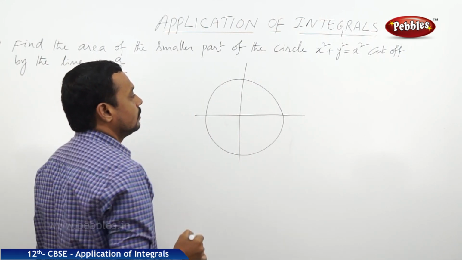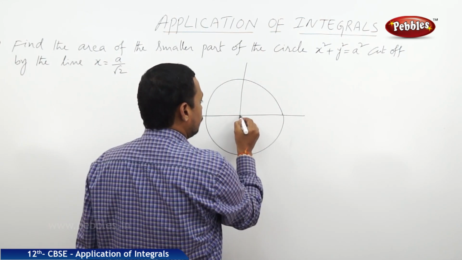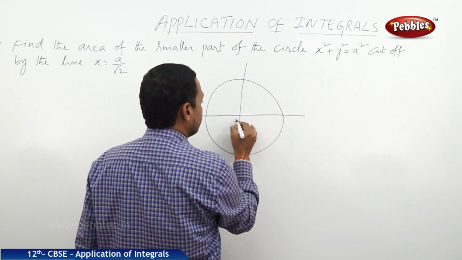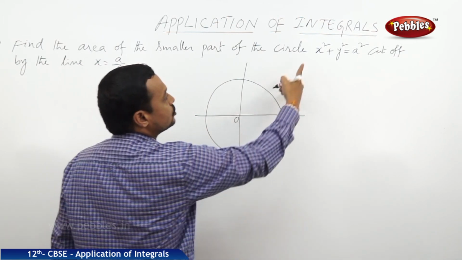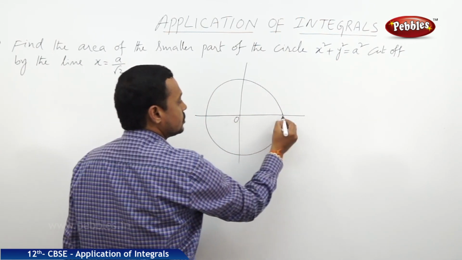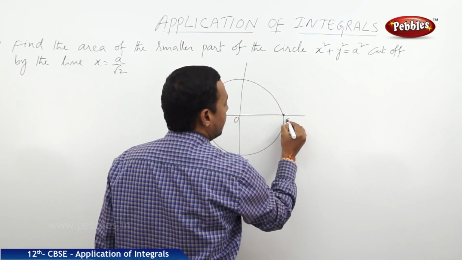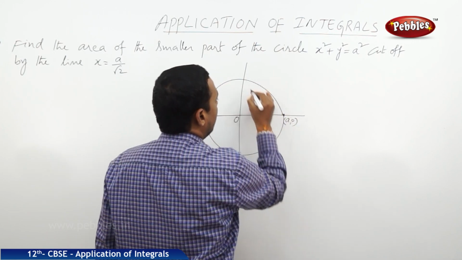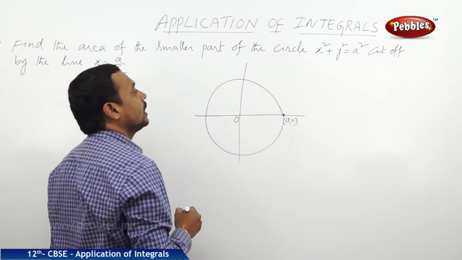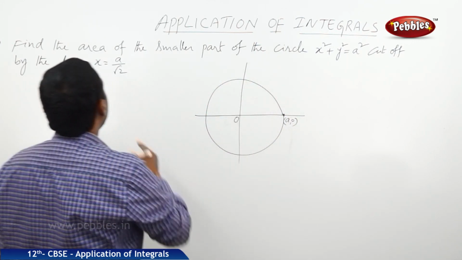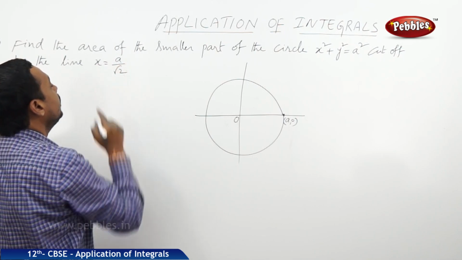Now let it be the circle whose center is at origin and whose radius is a units, so that now the coordinates of this point is a comma 0 and this is 0 comma a, okay, and x is equal to a by root 2.